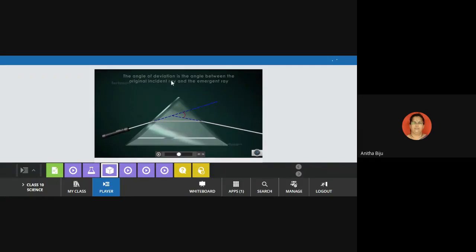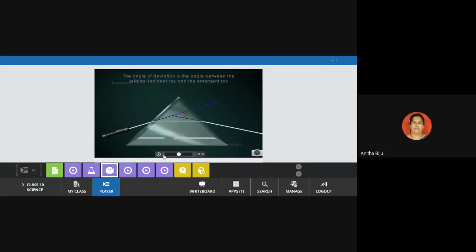Angle of deviation. So this angle of deviation is also important, and all of you will try to draw this diagram in your copy and label it properly, because the same we will do in the lab also. Same experiment we have. So that's why we have seen it. Now it is here in the slide, so you can see it in your book also.